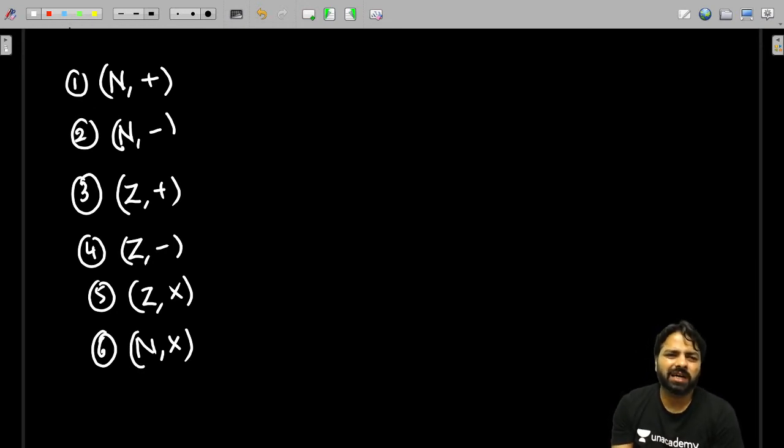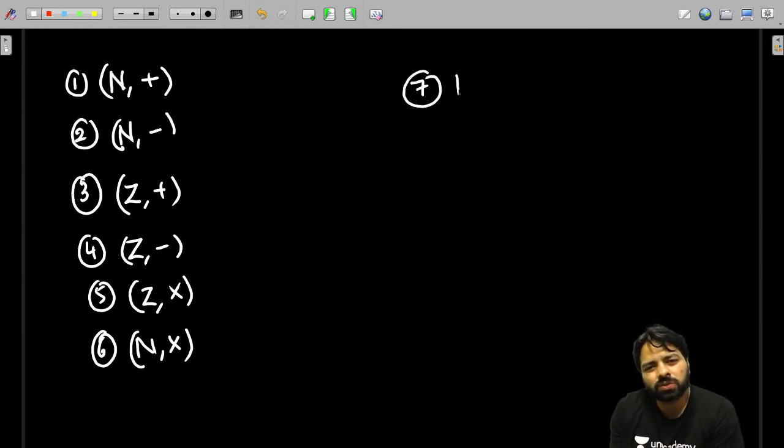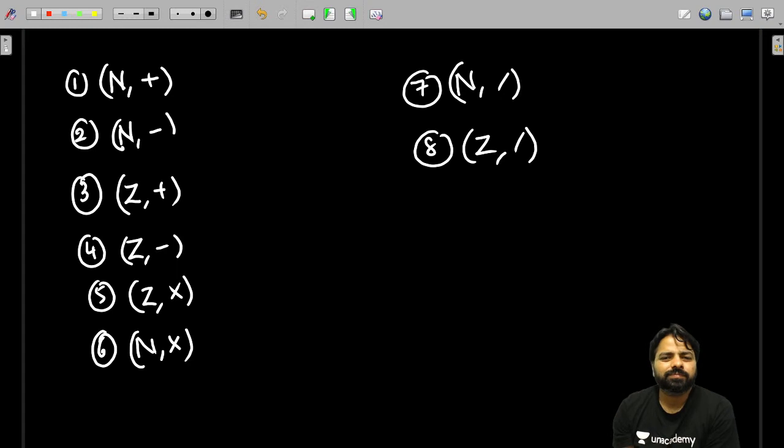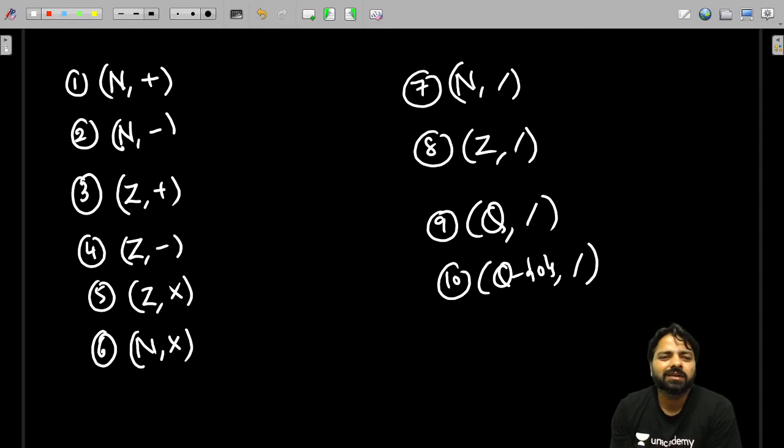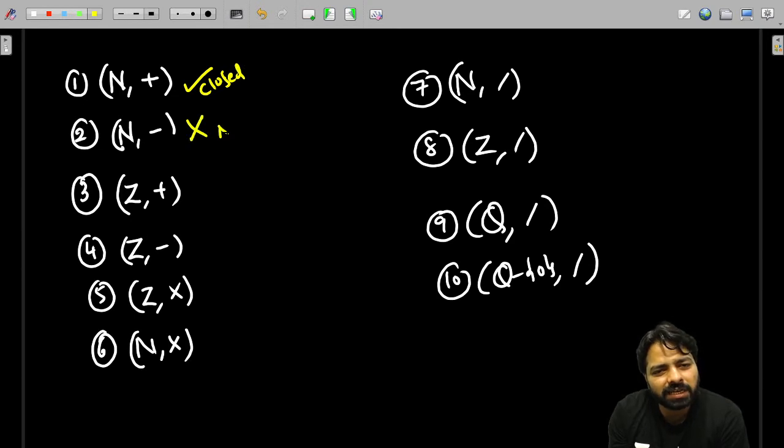Just a quick review of these few operations. Even if you want, I can go for division also. Now, especially, I am going for Q division, which is a very interesting operation. Okay, let's look at the first one. This is closed, and we have just seen that this is not closed.